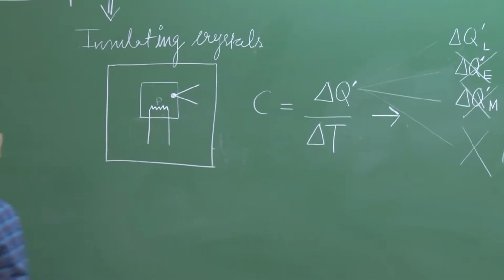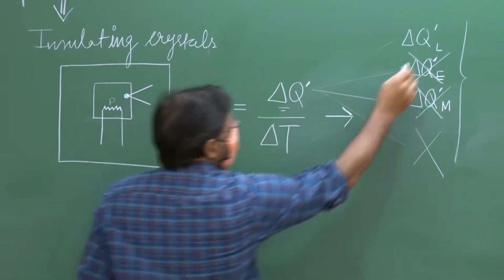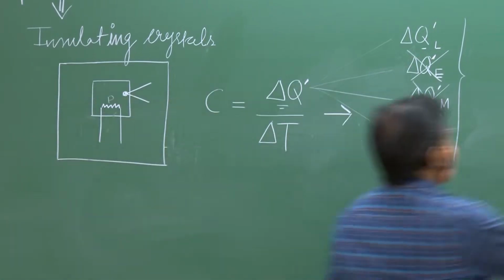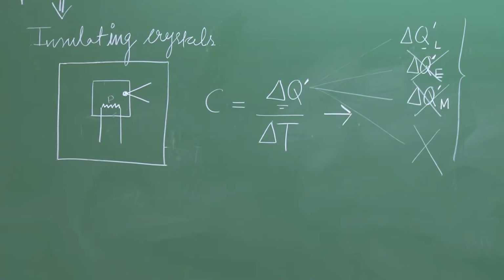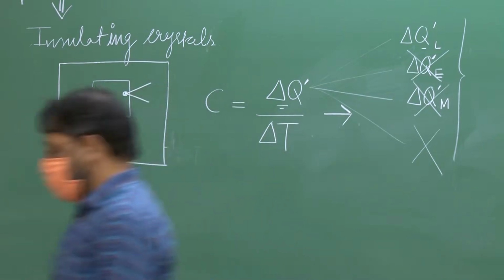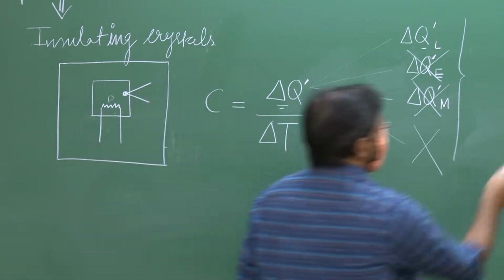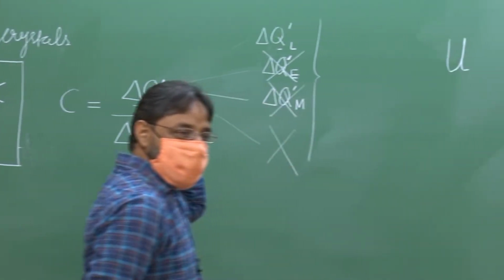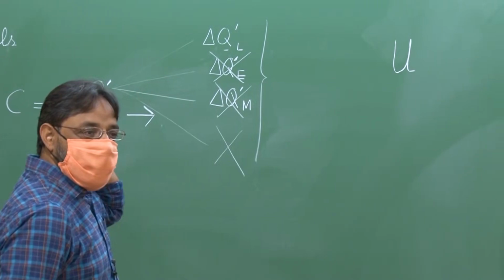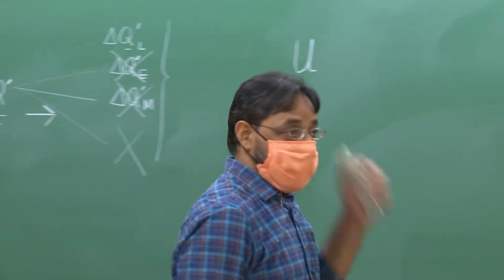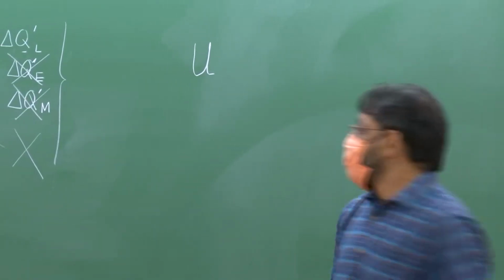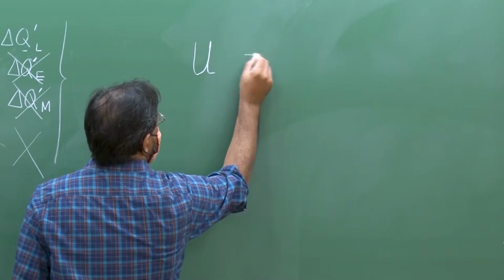So, now I know the heat which I give goes only here, and this is something that we have already learnt now. We know that the energy of an insulating crystal, for which I'm using the symbol U. So how much would be the energy? The energy of an insulating crystal, the energy by virtue of lattice vibrations. Absolutely right.